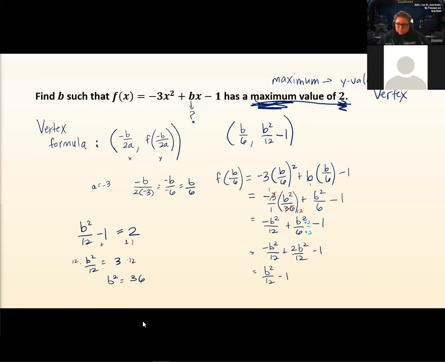Then you square root it, and b equals plus or minus 6. Okay, yeah, there you go. So now we have b. That's what we needed, right?